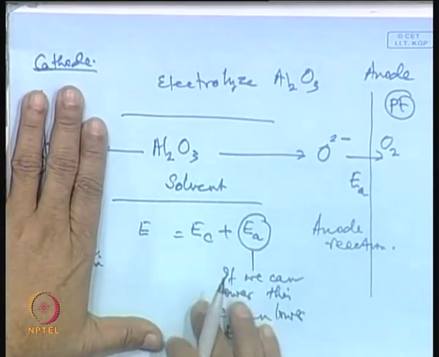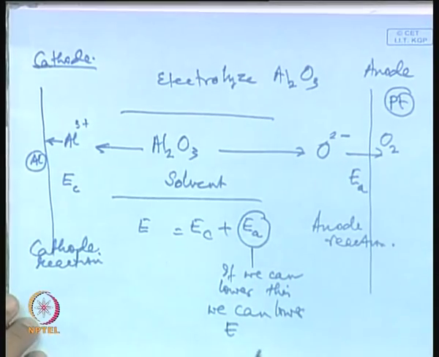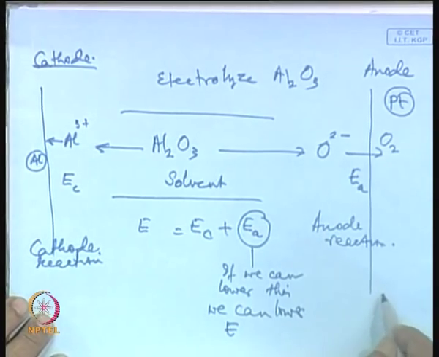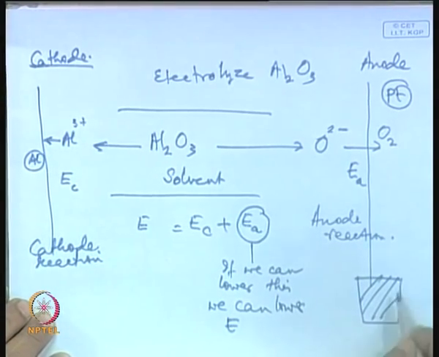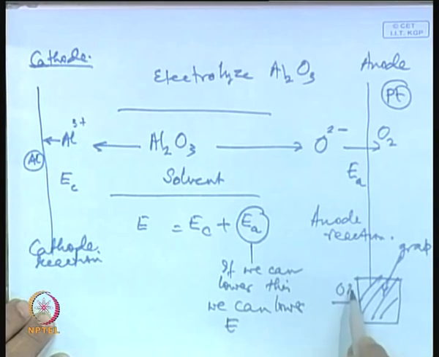Can you do this? Actually, it happens in the case of aluminum electrolysis. What you do here, we do not have a platinum, we have a graphite electrode. So, when oxygen comes here, it reacts to produce CO and CO2.